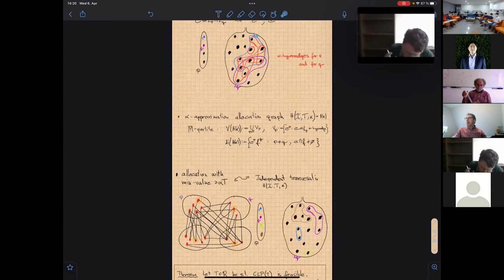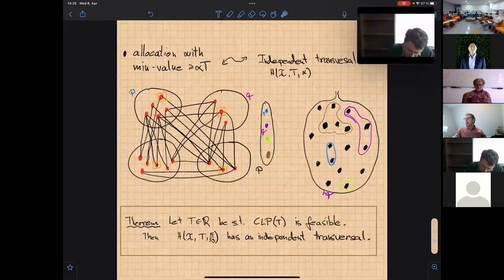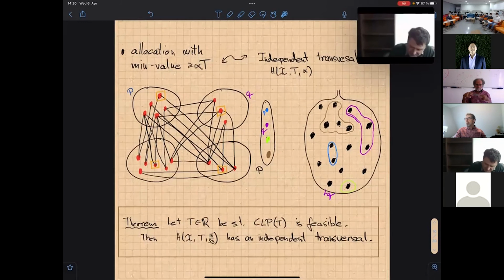So what we just did, we reformulated the problem into finding an independent transversal in this auxiliary graph. And what we will show is that if this parameter alpha is 15/53, then this graph has an independent transversal. Okay.